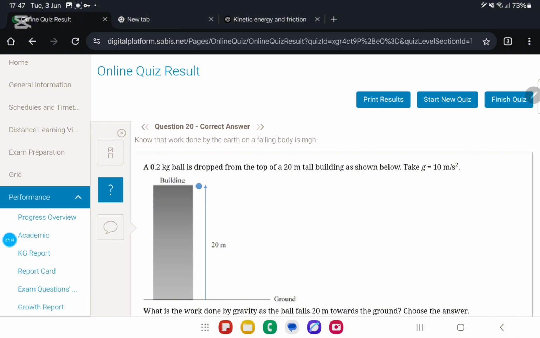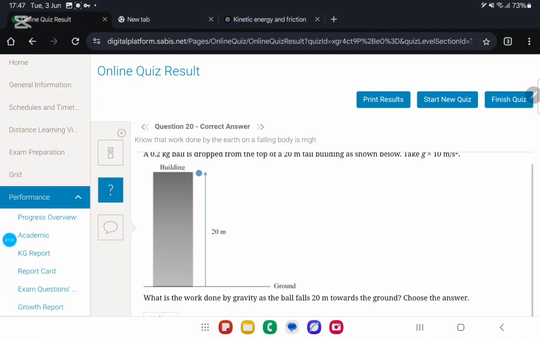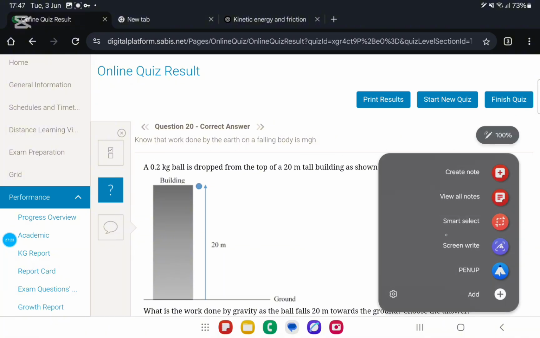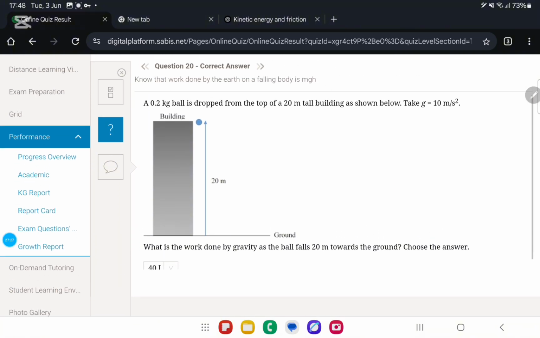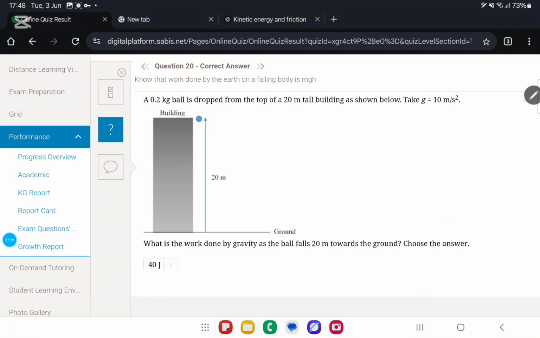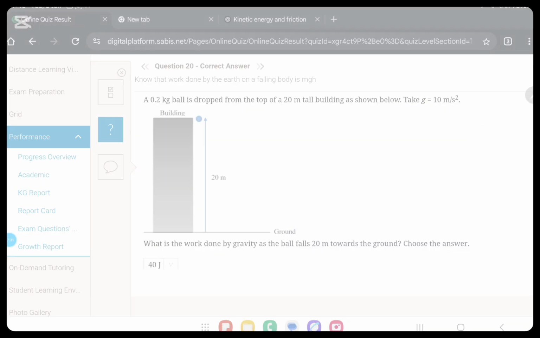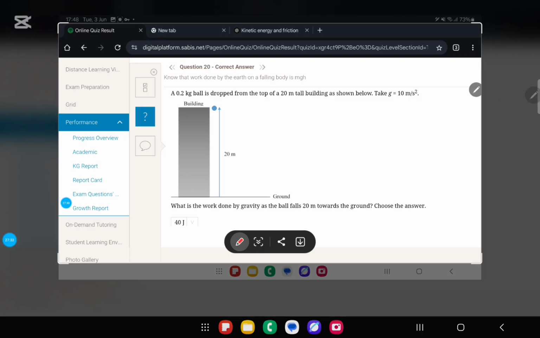Okay, a 0.2 kilogram ball is dropped from the top of a 20 meter tall building as shown below. Take gravitational acceleration equals 10 meters per second squared. What is the work done by gravity as the ball falls 20 meters towards the ground? Like I said, when you see something dropped from a height, immediately know it involves the gravitational potential energy, which is mgh.